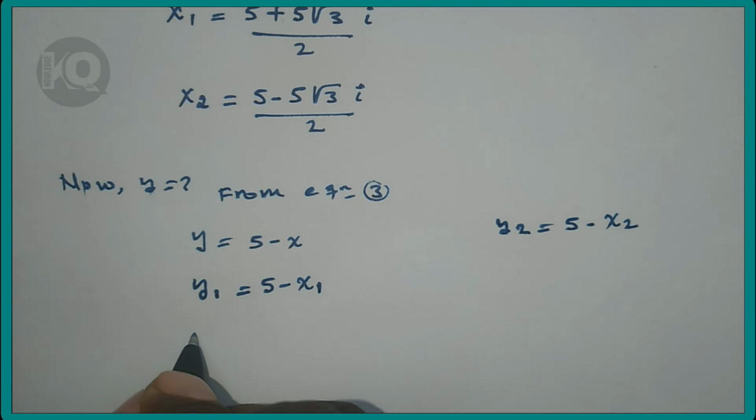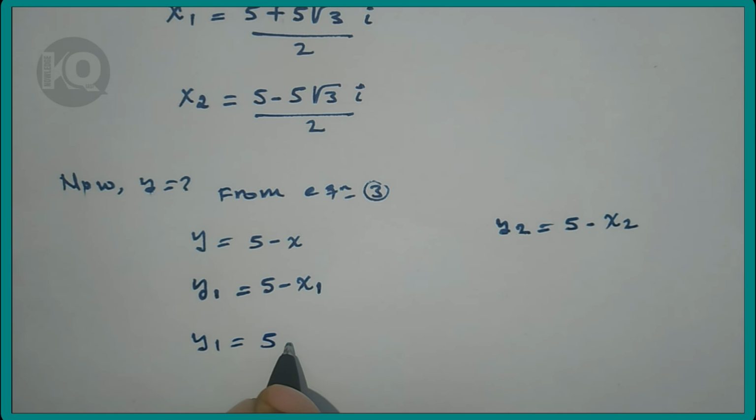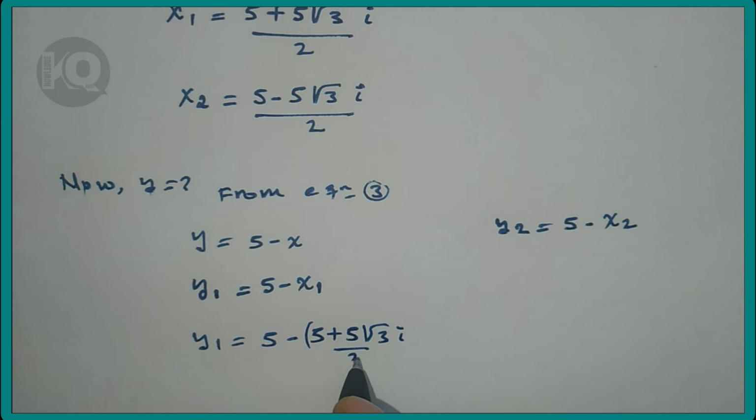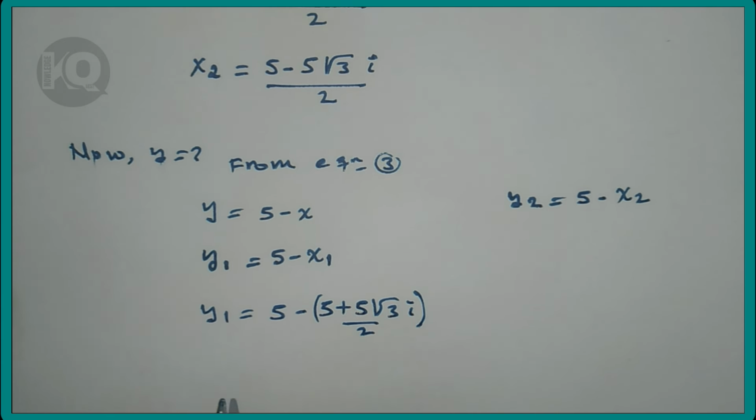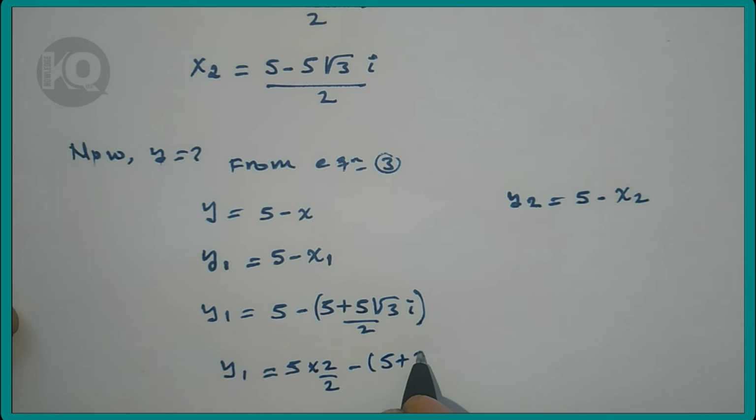So y1, which is equal to 5 minus x1, is 5 minus (5 plus 5 root 3 i) over 2. Let's make the denominator similar. So 5 over 2 minus (5 plus 5 root 3 i) over 2.